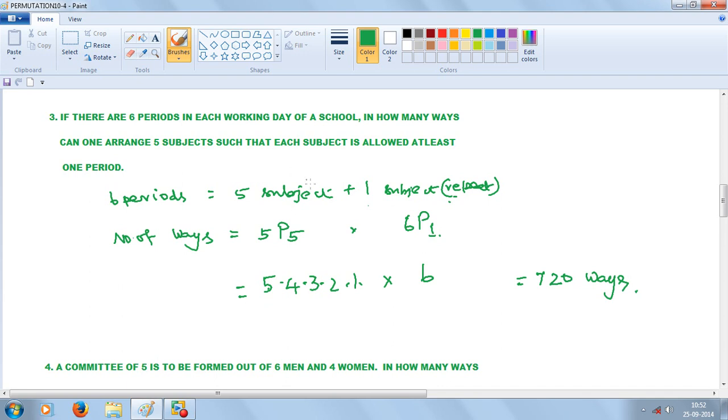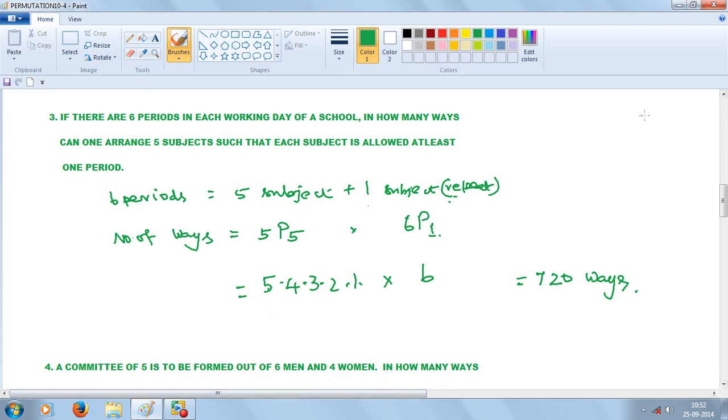So in this problem, there are 6 periods in each working day of a school. In how many ways can one arrange 5 subjects such that each subject is allowed at least one period? Each subject is separate. There is no grouping in this. So it's a permutation of 5 subjects in 5 periods.